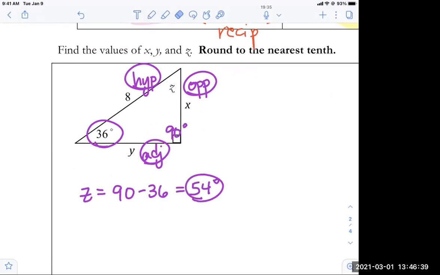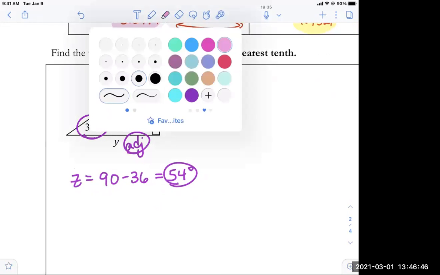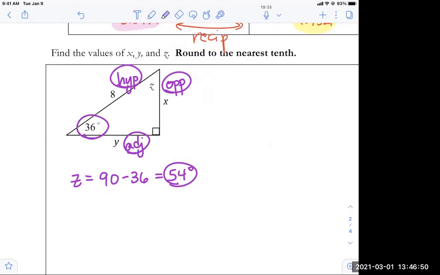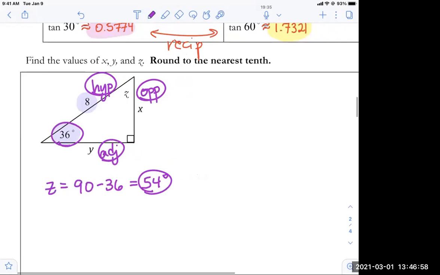Now, I'm really not going to use the 54 degrees in solving the rest of the problem because I'm going to use the numbers that were given, just in case I made a mistake like subtracting or something. I don't want to throw off other answers. So I need to use the 36 degrees and the 8 that were given in the problem. Now, if I wanted to find x, in relation to 36 degrees, x is opposite and 8 is hypotenuse.